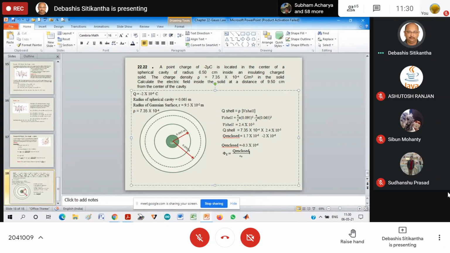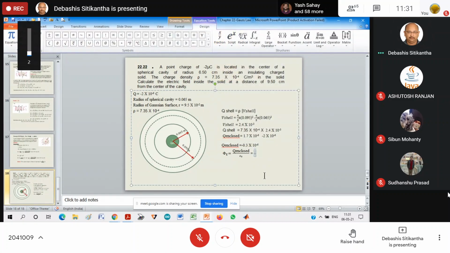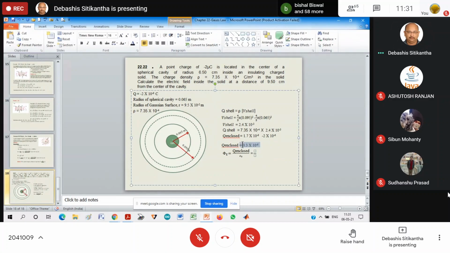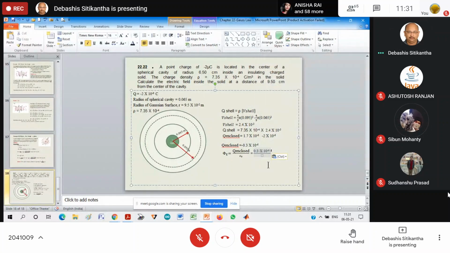Now find out the flux and tell me. To find out the value of this flux, 0.03 divided by 8.85 into 10 to the power minus 12.